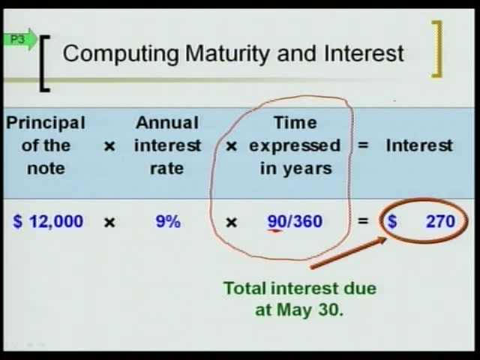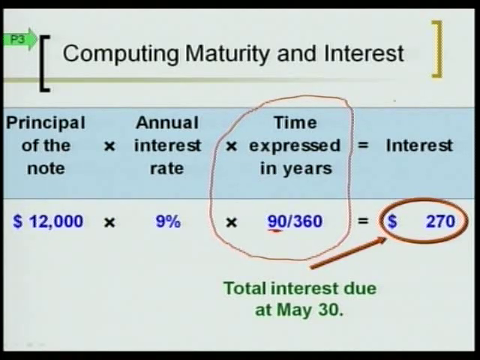So we take 90 divided by 360, or you could do it divided by 365, since there's 365 days in a year. But oftentimes we'll just use 360 because the math is always a lot cleaner. Either way, you're going to get roughly the same number. But in this case, the total interest that's due is $270. Do you get that?